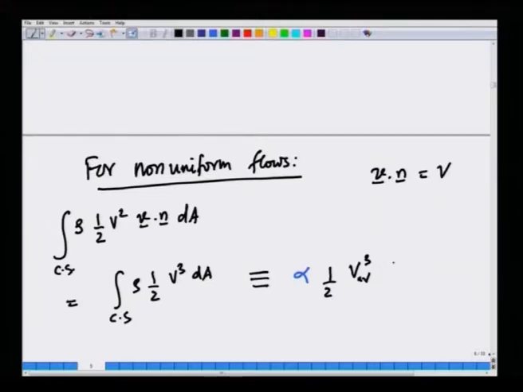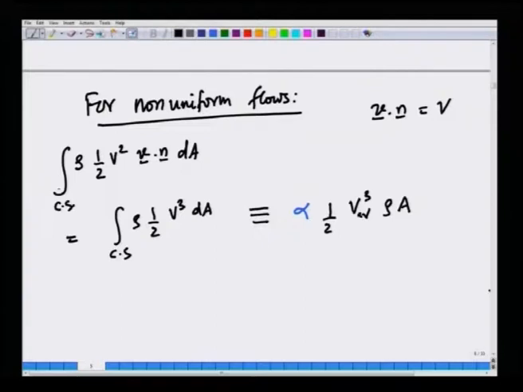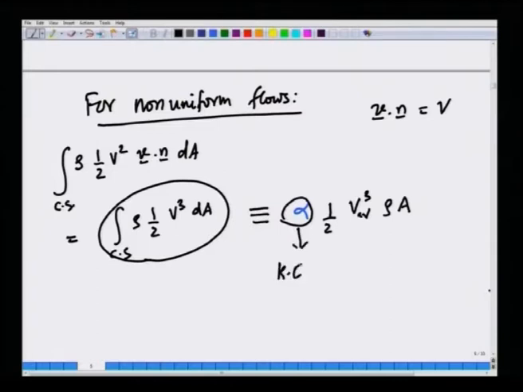Instead of doing this integral, we want to write it as though it is a uniform flow, where the answer would be half v cubed times rho A. But now we substitute v by v average because the flow is non-uniform, and we also introduce a correction factor. This is called the kinetic energy correction factor.